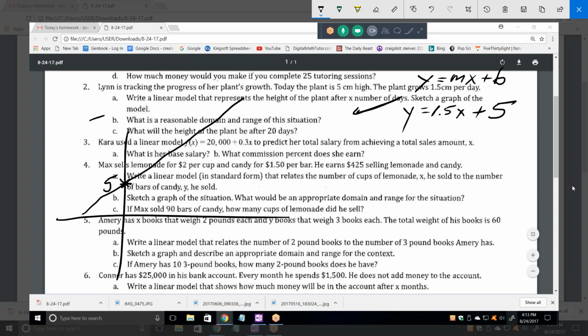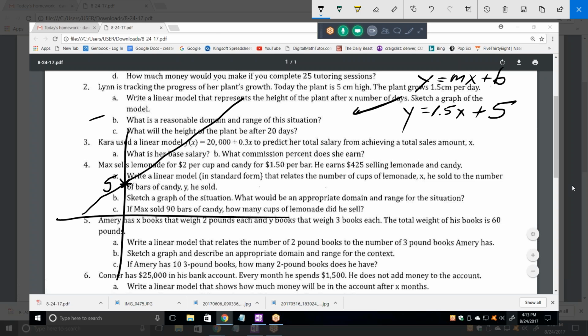Remember what domain is. Domain is the allowable values of x. Can x be negative? No. Can x be 0? Yes. Can x be 10? Sure.